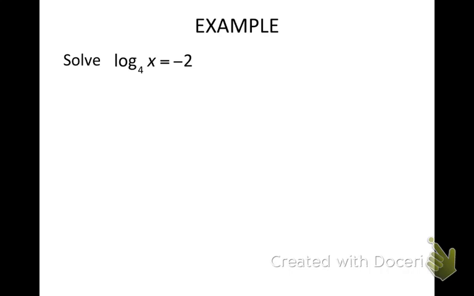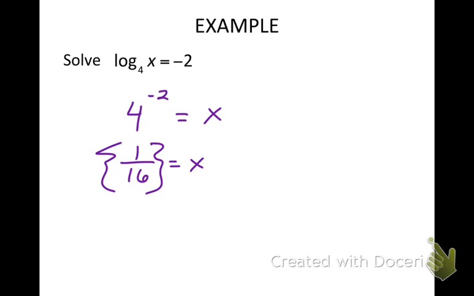So can I convert that into exponential form? What would be the base of my power? 4. What would be its exponent? Negative 2. And on the other side would be x. That's a pretty easy equation to solve. What's x equal to? 1/16. Good, so 1/16 is equal to x, and there's our answer. Make it fancy, put set notation around it.